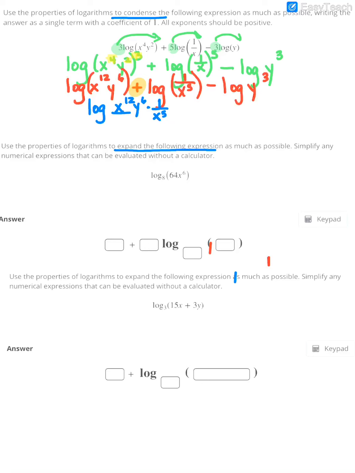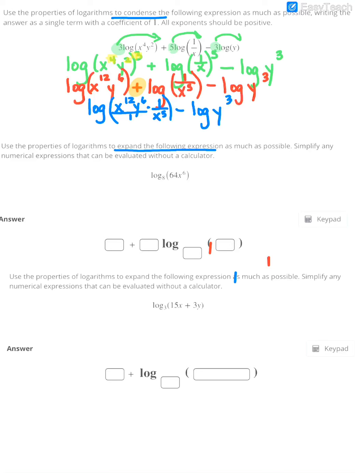And if you want to think about these first terms as being over 1, it helps you see a little bit easier that when you have a fraction of a fraction, you'll actually multiply all the top terms together, simplify that, and then you'll come back and multiply the bottom terms together. And then, of course, we still have the minus the log of y to the 3rd power.